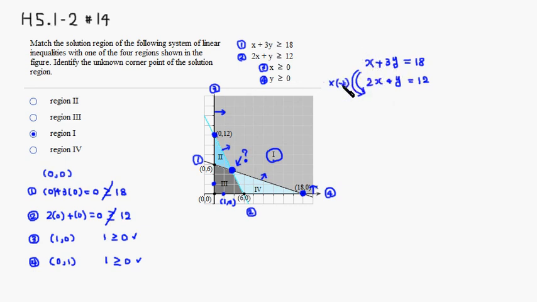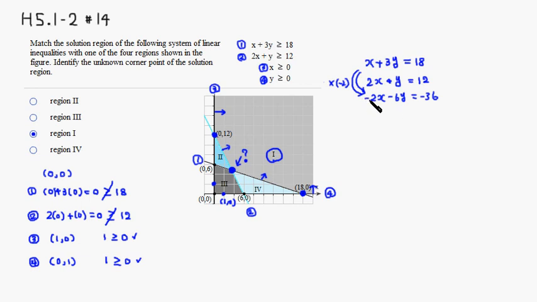So you have -2 times x is -2x, -2 times 3y is -6y, which is equal to -2 times 18, which is -36.